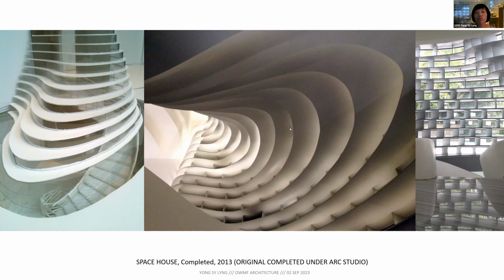Every one of these fins is laser cut directly from the Rhino model, and it's laser cut in China, right? Every piece is then assembled on site. So on the right, you can see the fins and the vertical members from inside again. So this is very difficult.